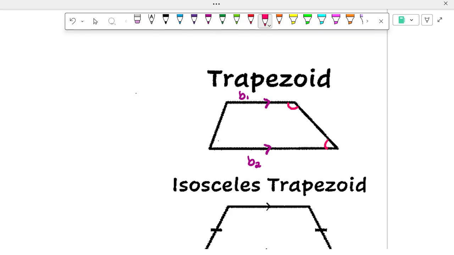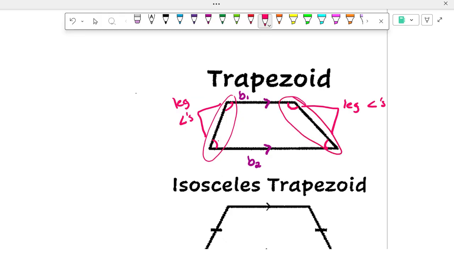Now, if it's a general trapezoid, it does not guarantee a congruent angle. These are leg angles, and these are leg angles. Basically, the legs are the sides that are not parallel to each other. So this set of angles will be supplementary, and this set of angles will be supplementary.